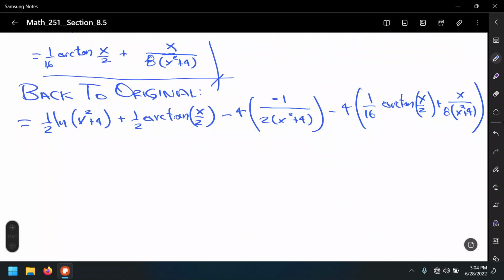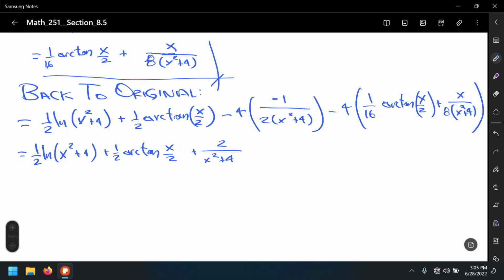So let's keep simplifying this, because notice we have some like terms. Okay, the first one, that's fine. That's 1/2 ln x squared plus 4. Okay, so we're going to have a plus a half arctan x over 2. And the negative times the negative is positive. 4 over 2, isn't that a 2? Over x squared plus 4.